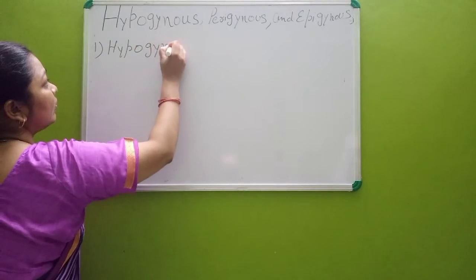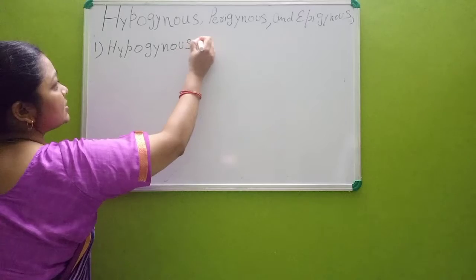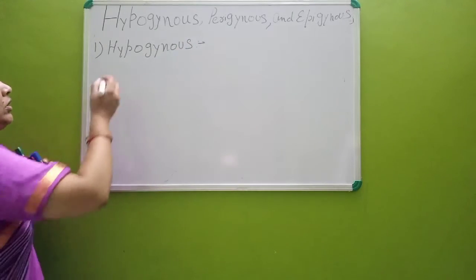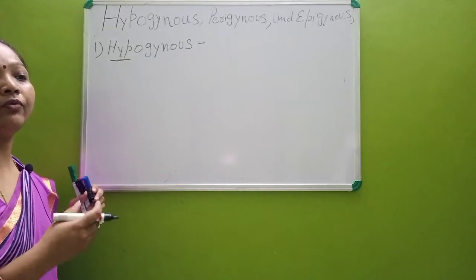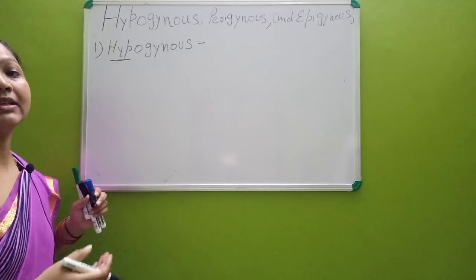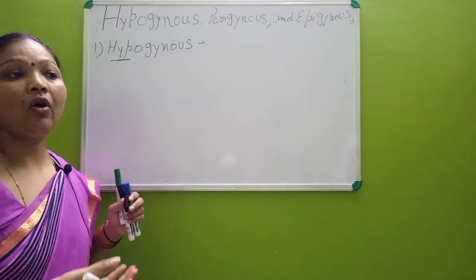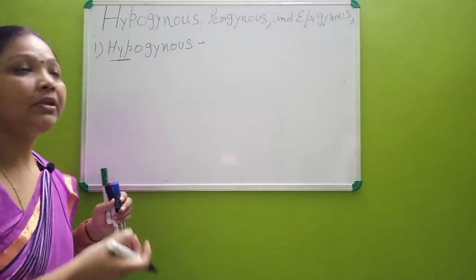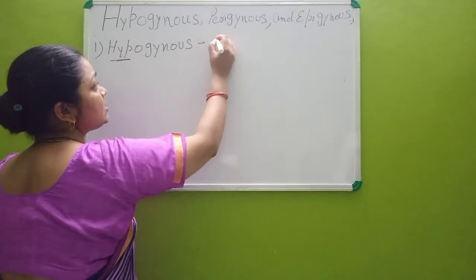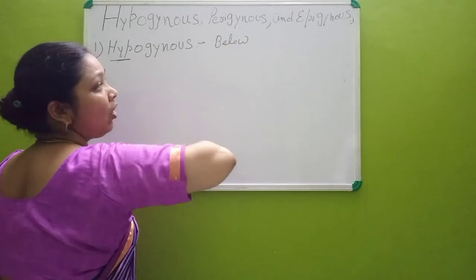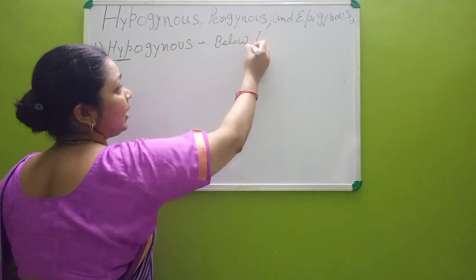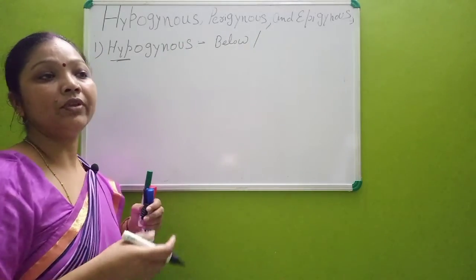hypogynous flower. Now the term hypo will refer to under or below, and gynous means ovary, gynoecium.